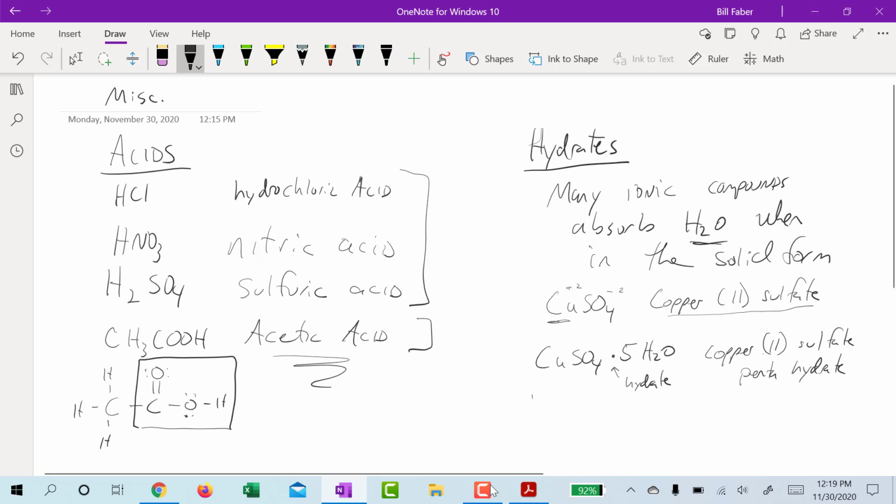In this case, you'd take copper, a sulfur, 4 oxygens, and then 5 water molecules. So you have to include the water in molar mass because it makes it heavier. That is one of the most important things you can learn about hydrates. And oftentimes people neglect these in general chemistry, but then you see them all the time. And so you have to make sure that you are aware that they exist.